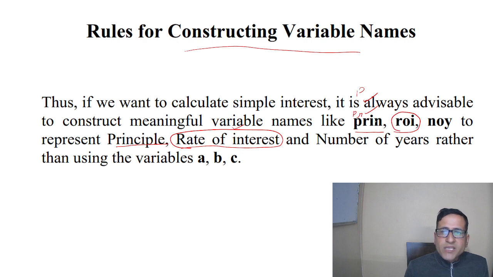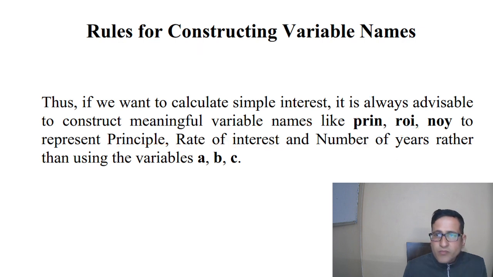Like we should take R from rate, O from of, and I from interest. So this can be easily understood: ROI means the rate of interest. Likewise, NOY for the number of years.